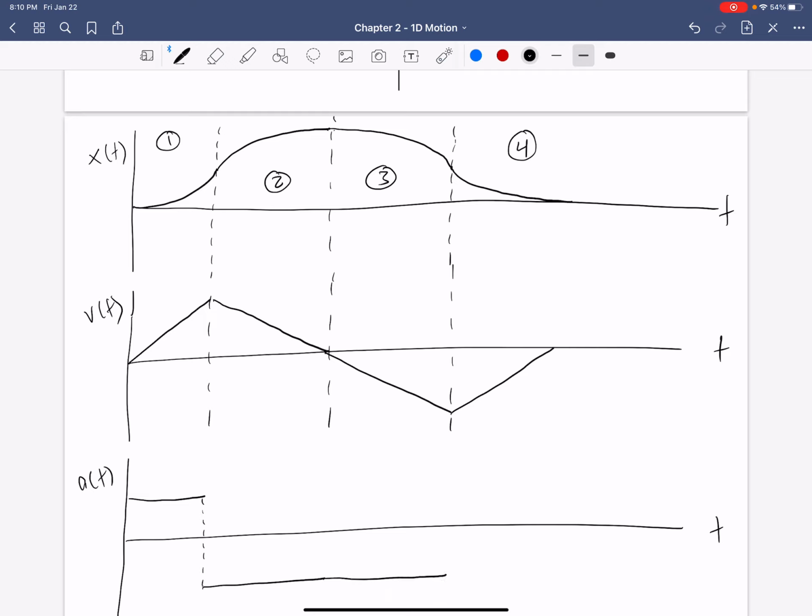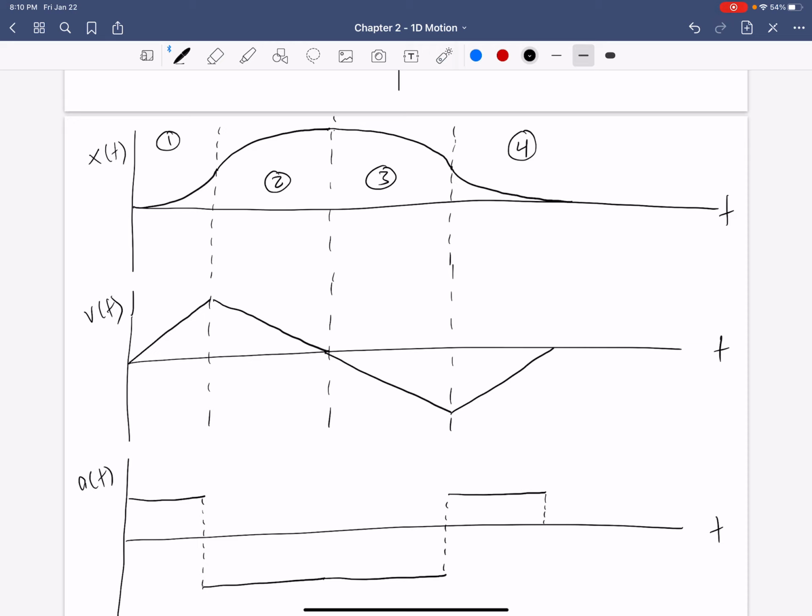It's the same slope. And in section 4, again, it's a positive slope. Just like over here in section 1, it's the exact same thing. So that means that it's a positive slope, just like in section 1, right? It's a positive acceleration, rather, just like in section 1, right? And so that's our a of t graph.